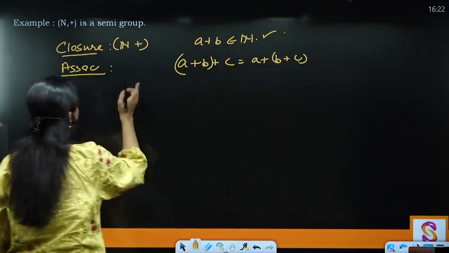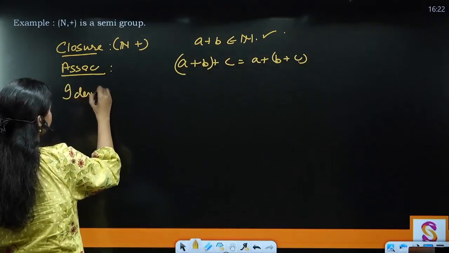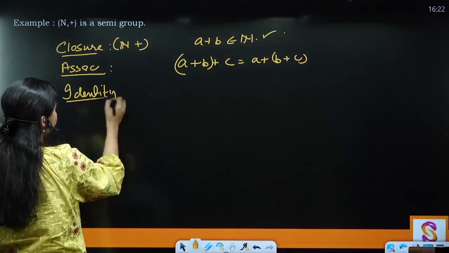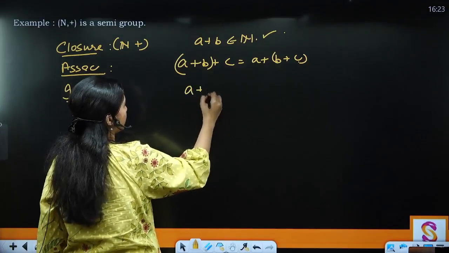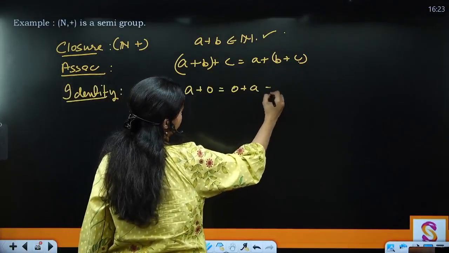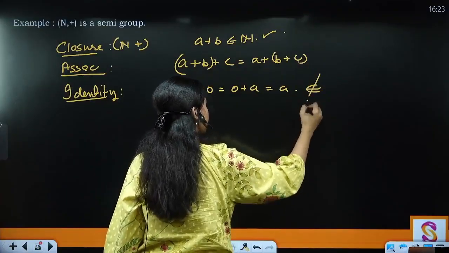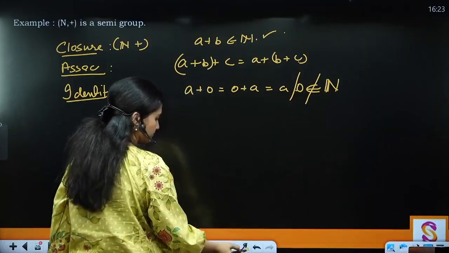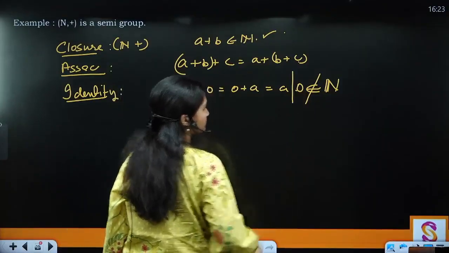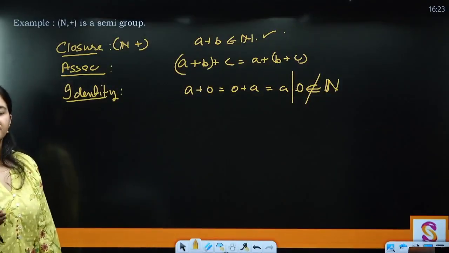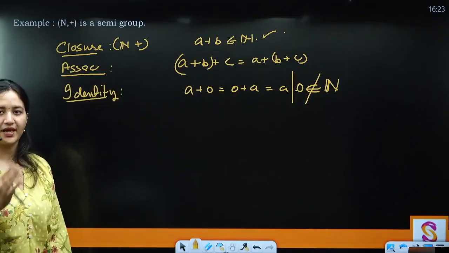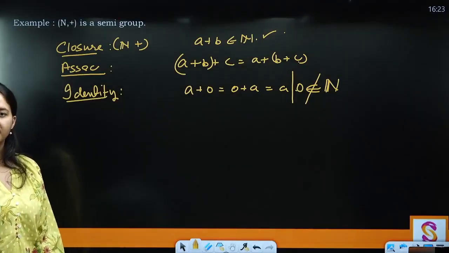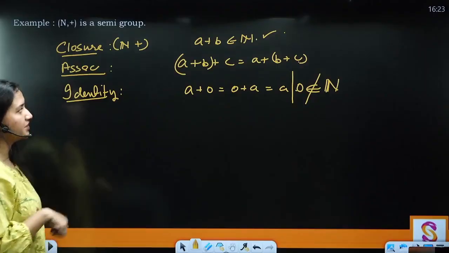But where it fails is the identity. For addition, I need 0, but 0 does not belong to natural numbers. That is why N is a semigroup. So N does not form a group under the binary operation addition.